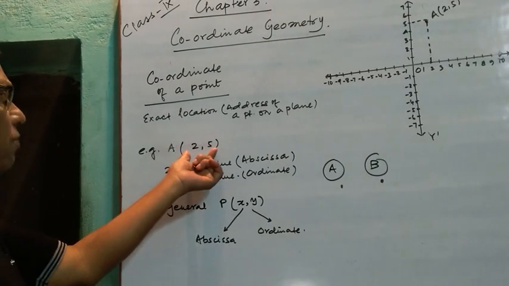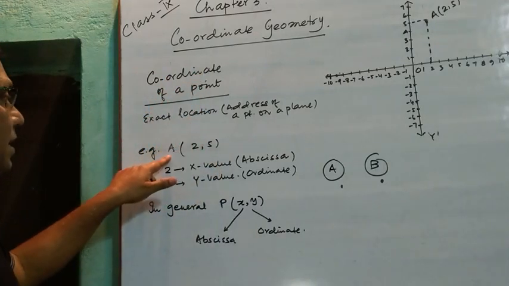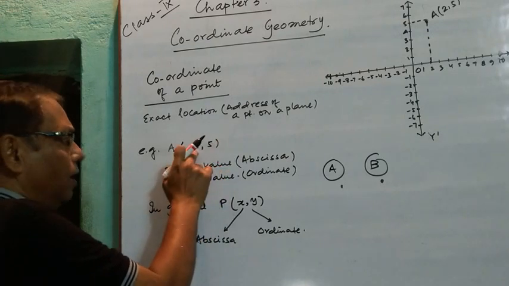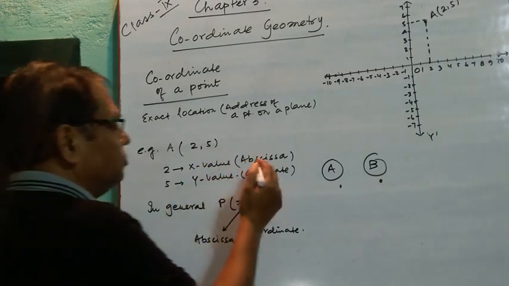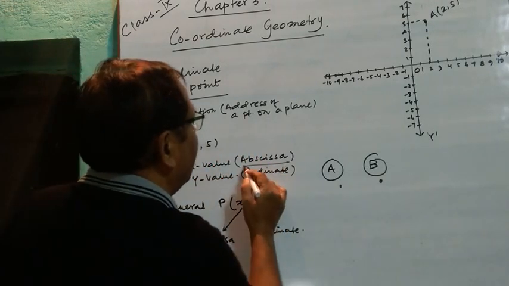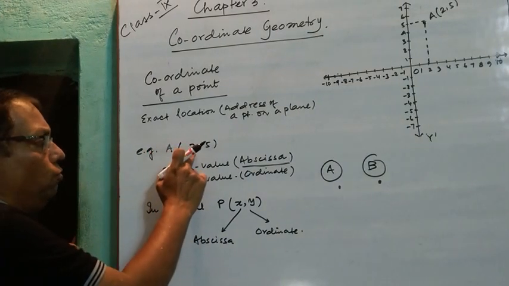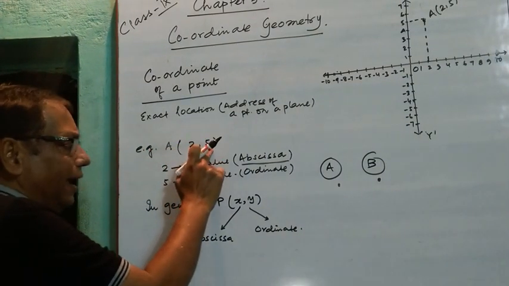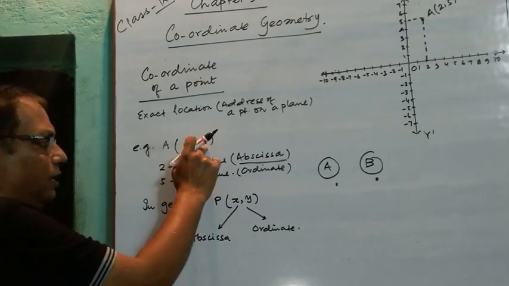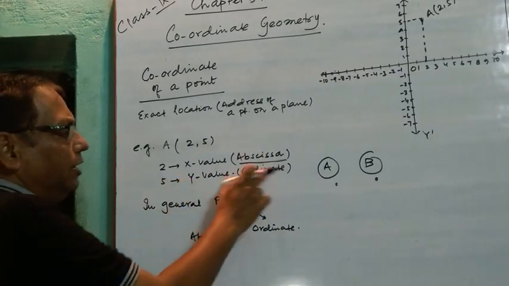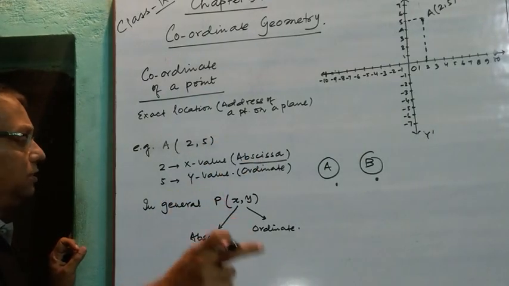This 2, 5 together is known as the coordinate of the point A. The first value 2 is known as the x value, and it is known as the abscissa of the point. The abscissa of point A is 2, and the second value is 5. After putting a comma, after 2 we have written 5. 5 means y value. It is known as the ordinate. So abscissa, comma, ordinate will give us the coordinate.